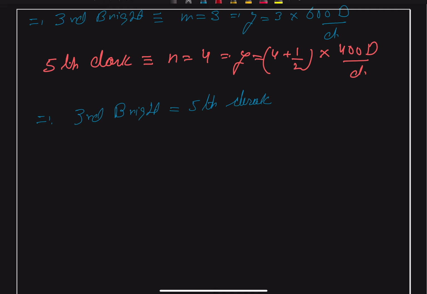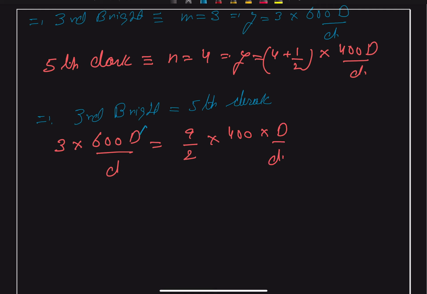We get 3 into 600 capital D by small d is equal to 9 by 2 into 400 capital D by small d.